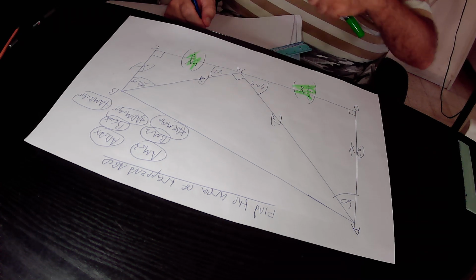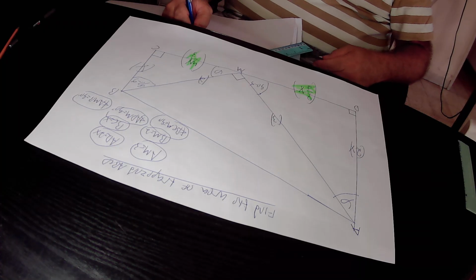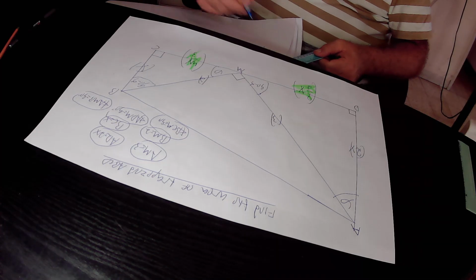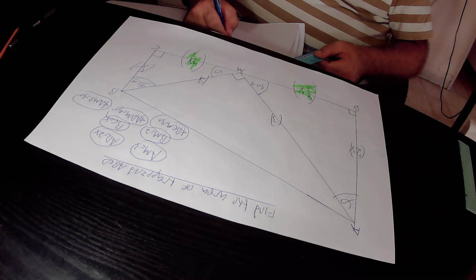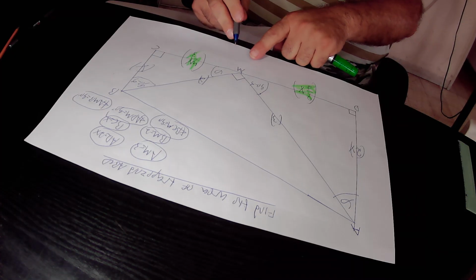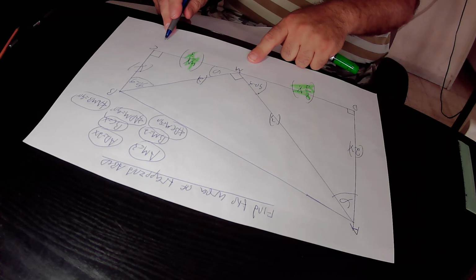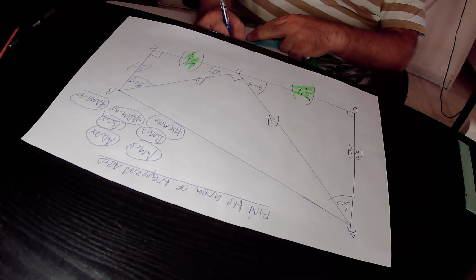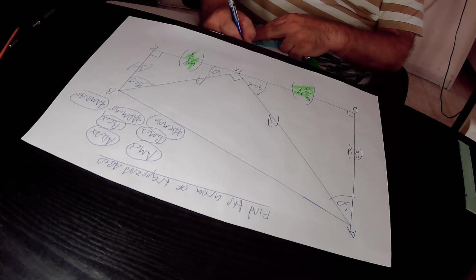BC equals x units in its length. The hypotenuse BM equals 2 units in its length, according to what is given in the question. And we already found out that side MC equals 4x over 3 units in its length. Here PT is an abbreviation for Pythagoras theorem.